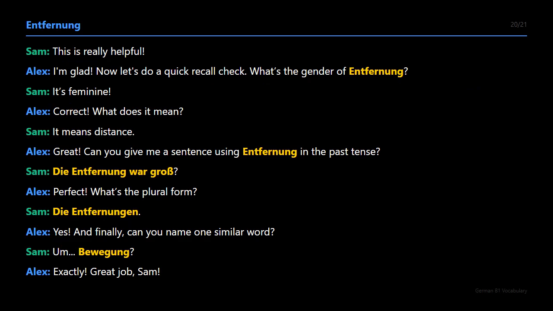I'm glad. Now let's do a quick recall check. What's the gender of Entfernung? It's feminine. Correct. What does it mean? It means distance. Great. Can you give me a sentence using Entfernung in the past tense?